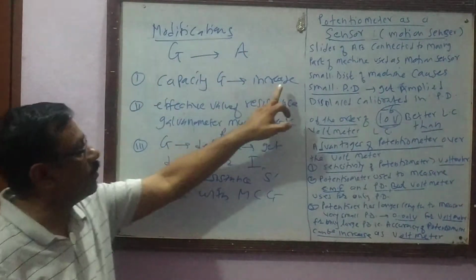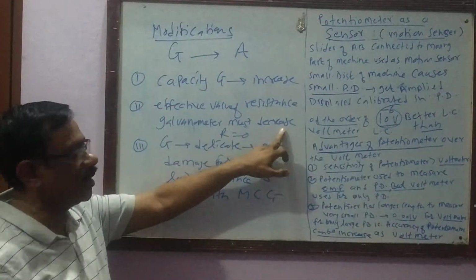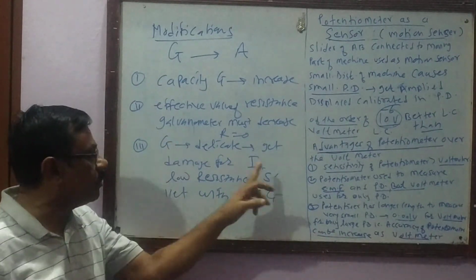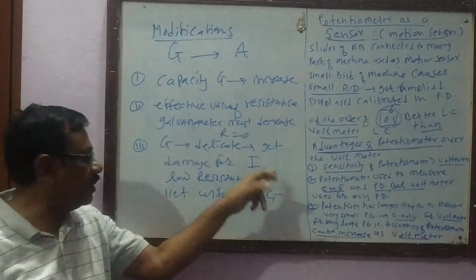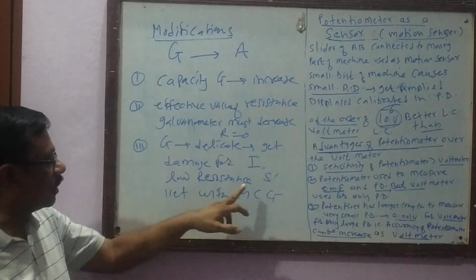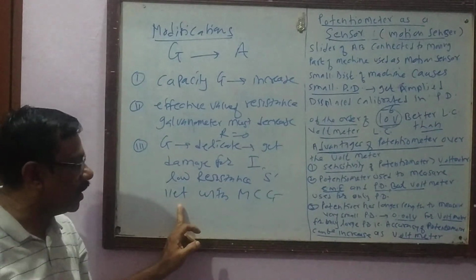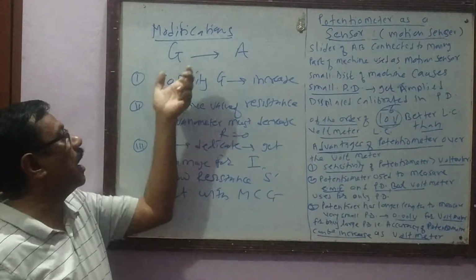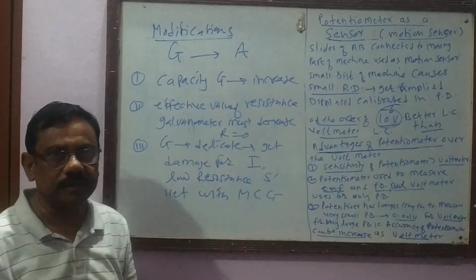The current capacity must be increased, effective resistance must be very small, and since the coil is delicate, it gets damaged for a large value of current. Hence, some arrangement is necessary, and for this, some low resistance is connected in parallel with the galvanometer in order to protect the galvanometer.